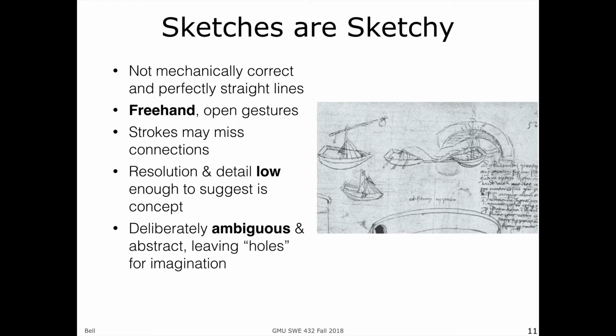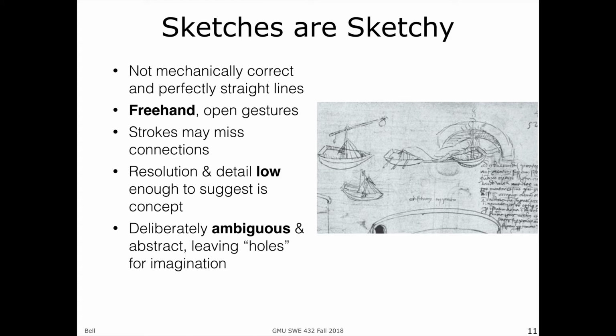And when we do sketching, we really want them to be freehand kinds of gestures, open gestures, rather than mechanically correct and perfectly straight lines. Doing things that are straight and look more refined, you really don't want to have while you're sketching, because by nature, we want to leave things open, right?